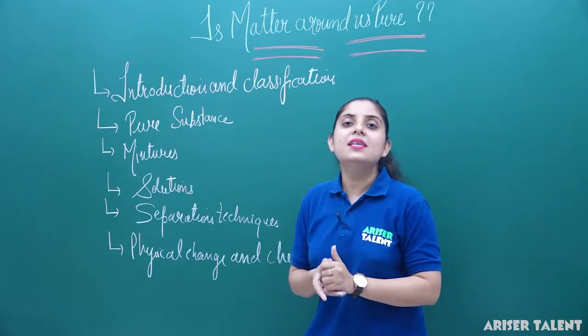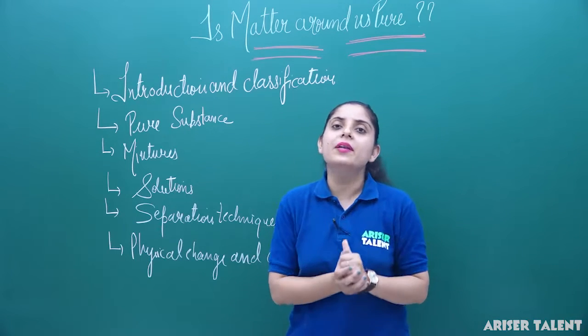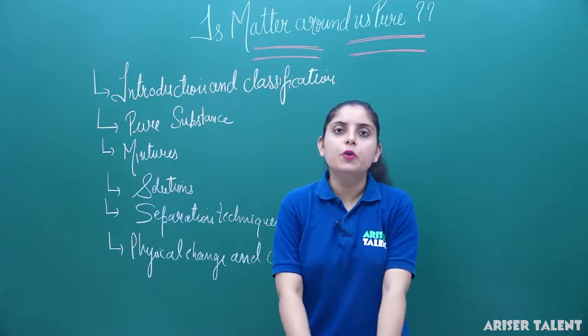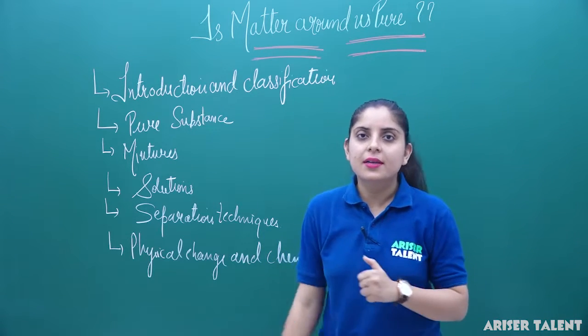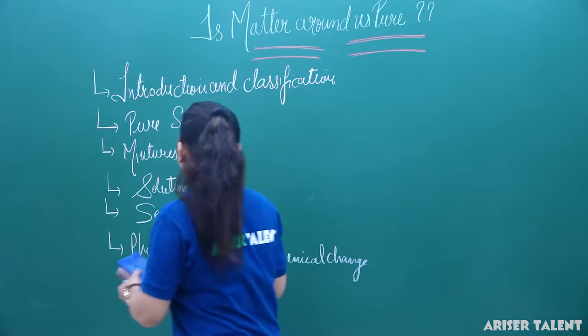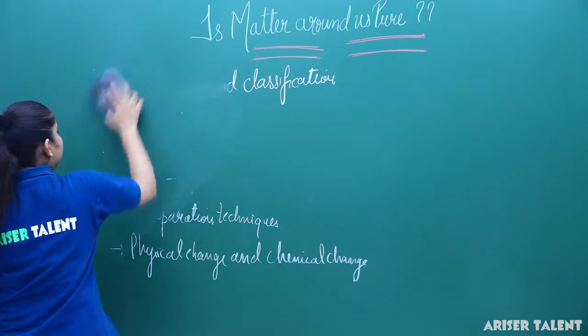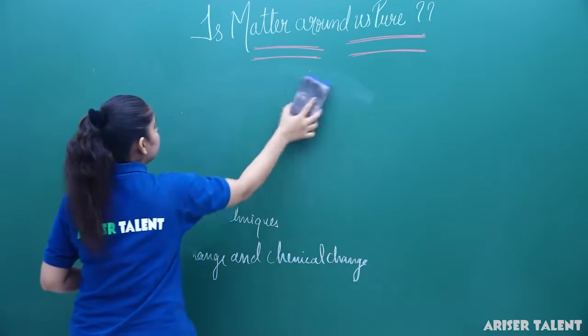A pure substance is matter that is made up of only one kind of particle. It is again categorized into two categories, that is mixtures and solutions. Clear? So we are starting our chapter with our first topic, that is pure substance.